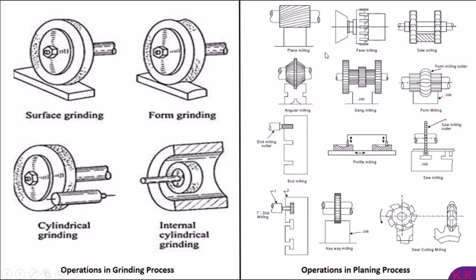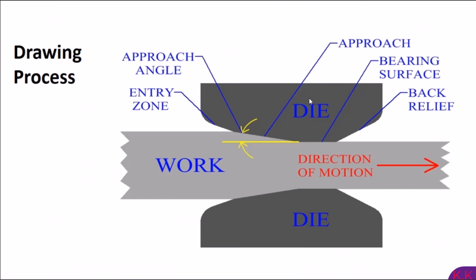All these processes are selected according to the requirement of the job. Sometimes some sorts of pieces need specialized machining processes, which we will discuss in specialized videos. You can see the drawing process, in which we insert our work from one side and it passes through the die.